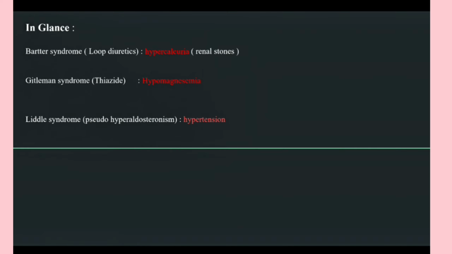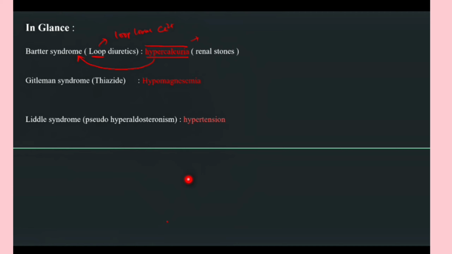The key point is, while solving MCQs, we must remember a few things. Bartter syndrome mimics loop diuretic use. It is associated with hypercalciuria because loop diuretics lose calcium, and we know the mechanism already. So hypercalciuria is typically seen in Bartter syndrome, and it is the key feature that helps us distinguish it from the other two and score the MCQ.